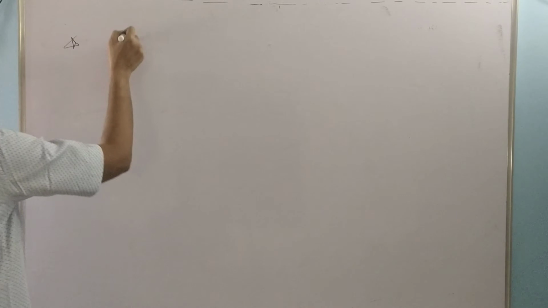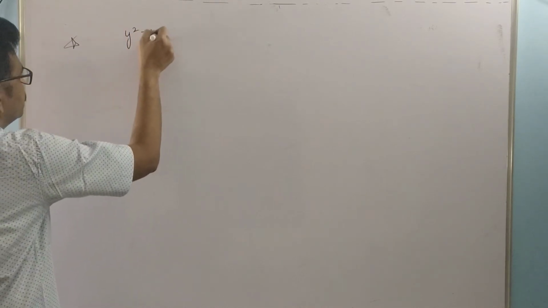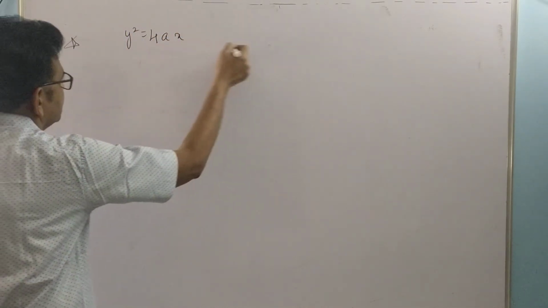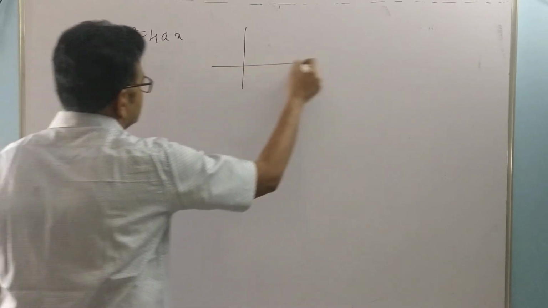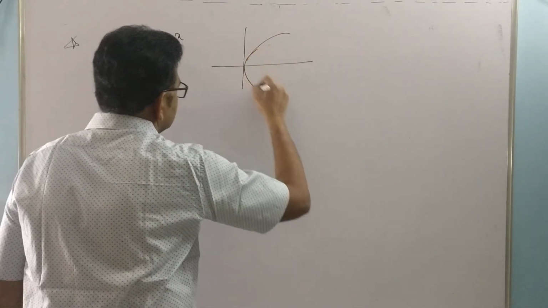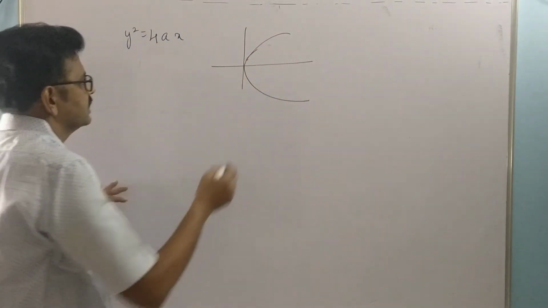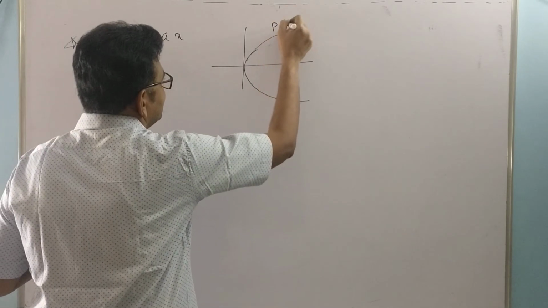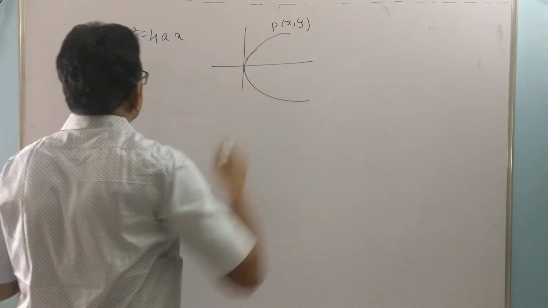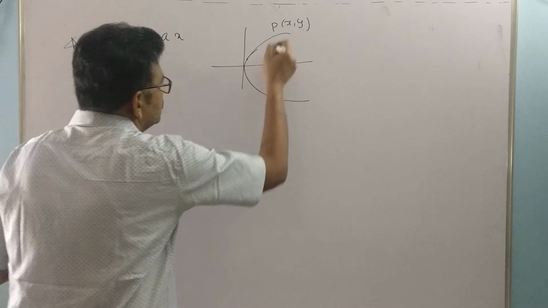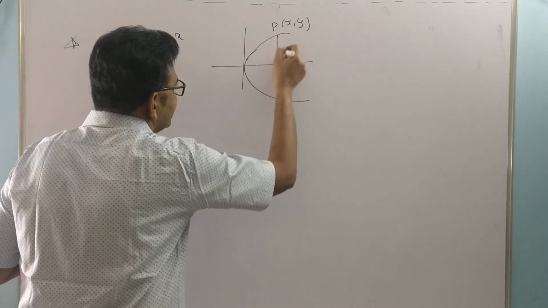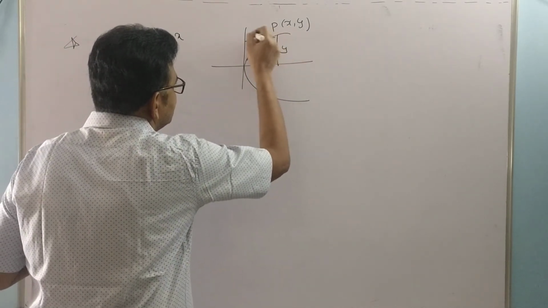Next point, this is an important point. y square equal to 4ax means this is the parabola y square equal to 4x. The point is P (x, y). So this is y and it is x.